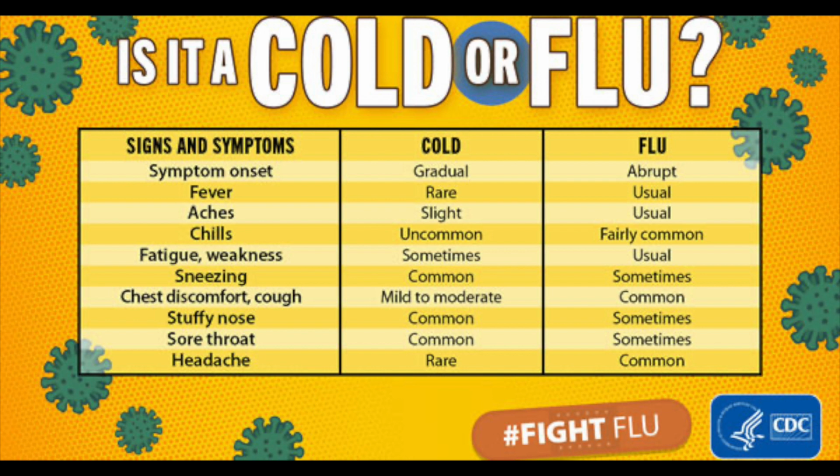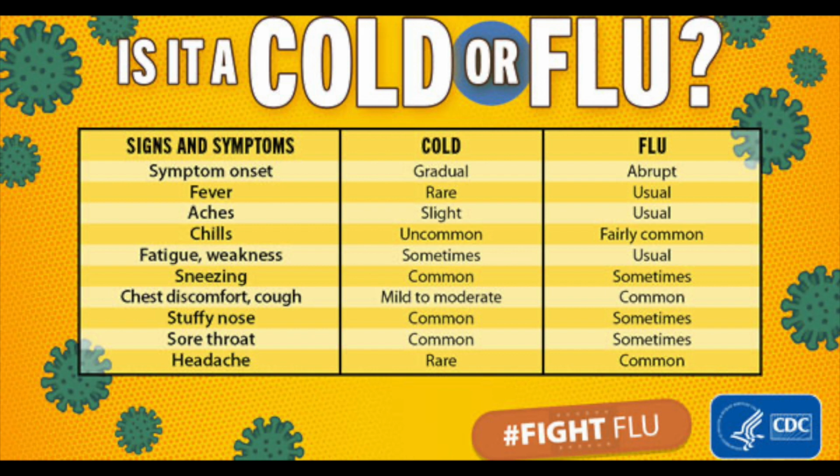So in summary, both the common cold and the flu are typically caused by viral illnesses, and they have some common symptoms amongst them. But the common cold typically presents with symptoms such as sneezing and cough, and the symptom onset is typically more gradual, whereas the flu, which is caused by the influenza virus, is typically more abrupt in terms of symptom onset and typically presents with more systemic symptoms such as fever, fatigue, chills, as well as body aches.